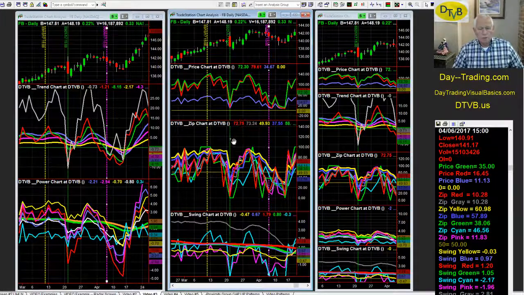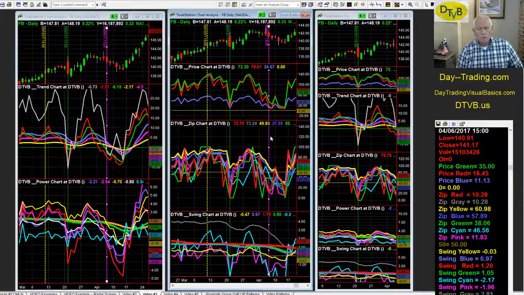And so your buyers have left or are significantly leaving the market. Over here on the pink line, you do not have your buyers leaving the market. You're in a downtrend. Some of them are riding it out, but your zip green is at 38, not at 0.